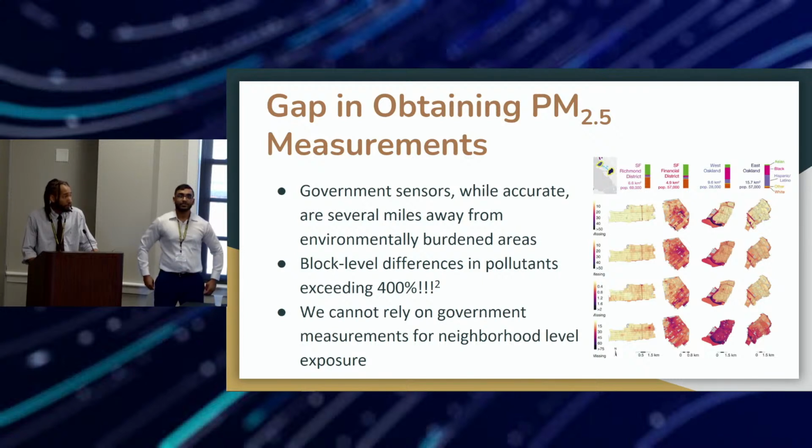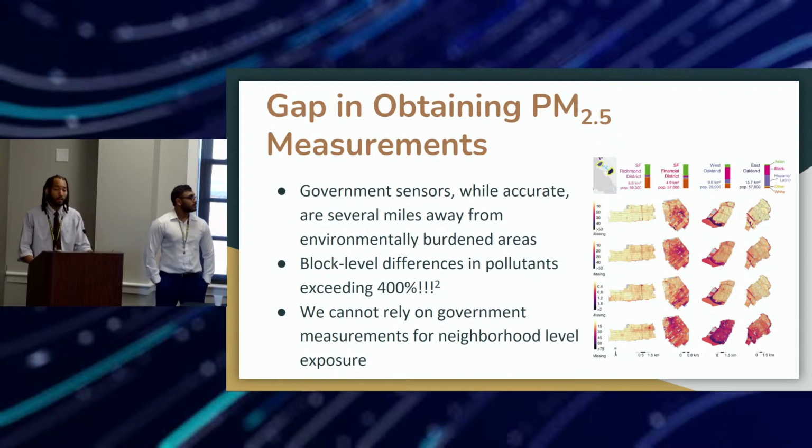The one on the left is a little bit clearer, but on the right-hand side, same city, it's more densely populated with a PM 2.5 concentration. The same can be seen in the right 2 columns, which show the city of Oakland. We have West and East Oakland, and you can see that even in the same city, you'll have block-to-block differences.